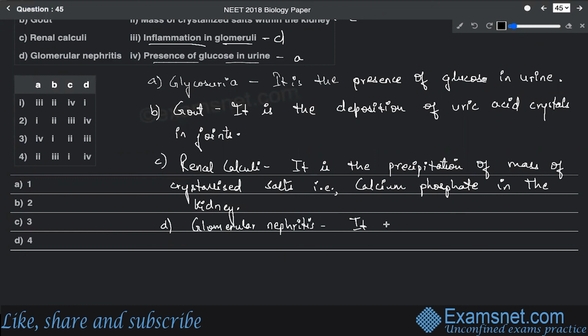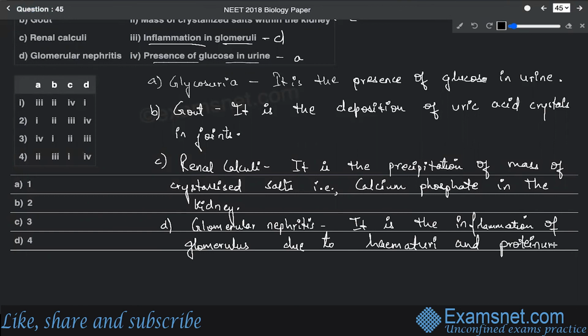It is the inflammation of glomerulus due to hematuria and proteinuria. So this is the case.